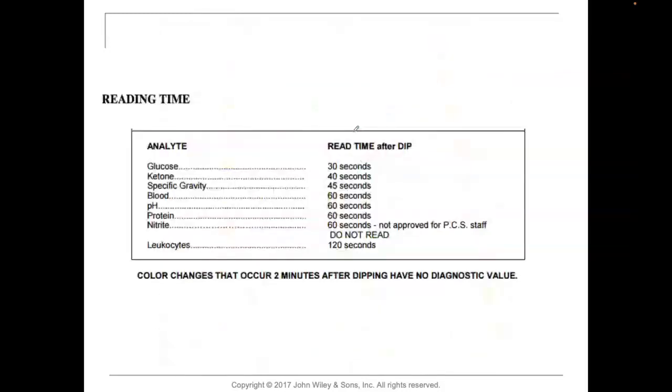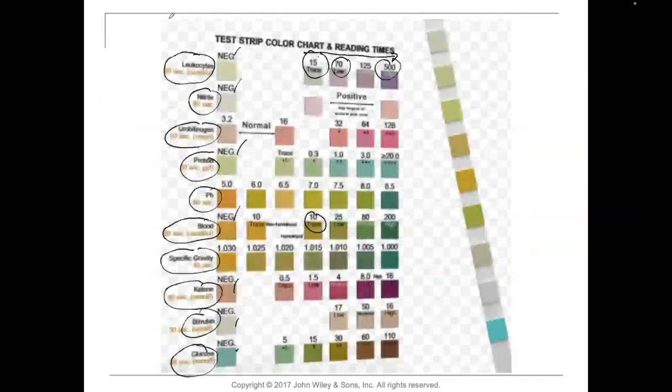Okay. So, also, these different tests, so like it tells us leukocytes, we'll check this in about 80 seconds, right? Some tests may say 120 seconds, which means you're going to wait close to 2 minutes before you check this result. But if we're checking ketones, here it's 40 seconds.